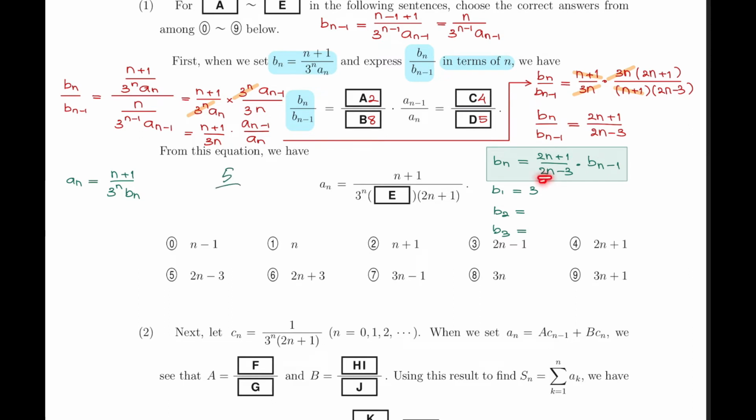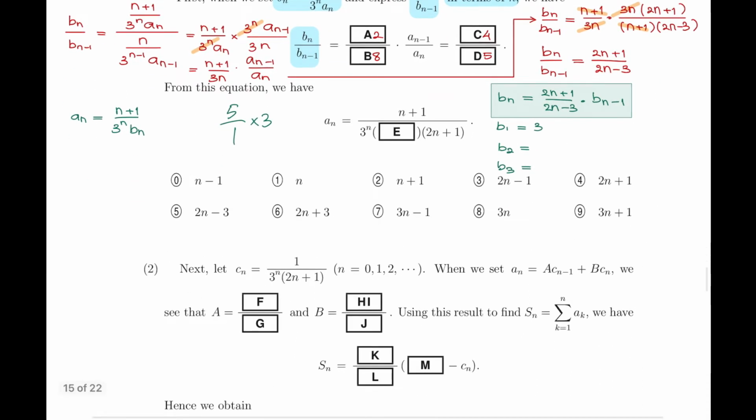Over 2 times 2 is 4. 4 minus 3 is 1. Times Bn minus 1, which is B1. If you substitute n with 2, 2 minus 1 is equals to 1. Then this expression becomes B1, which is 3. So my B2 is 5 over 1 times 3. I can write it as 5 times 3.